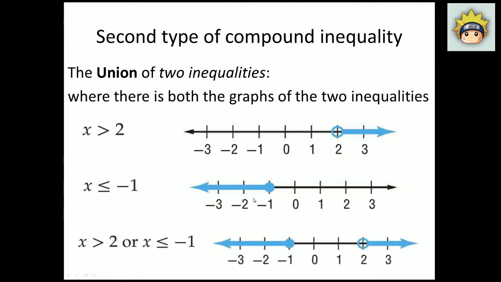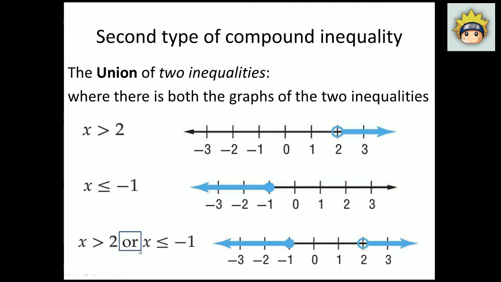So the union is where both of these, right? You look at that definition, where there is both the graph of the two inequalities. The first inequality is right here and the second inequality is right here. So the union is when you have both of them right here, okay?